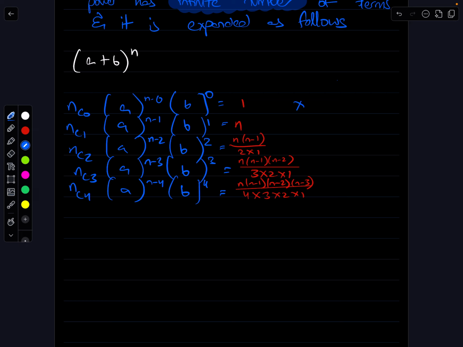That is, a to the power 1, a to the power n minus 1, a to the power n minus 2, a to the power n minus 3, and a to the power n minus 4.